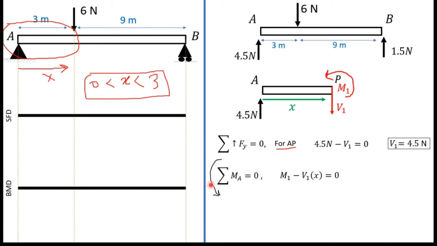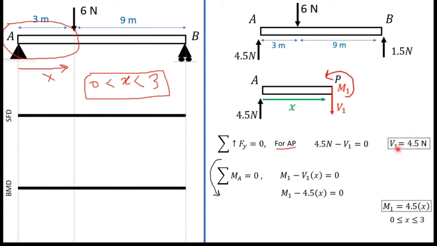So I consider counterclockwise positive, and this moment is clockwise, therefore I put a minus sign here. Then I can write M1 minus 4.5 times X equals 0. You can see I wrote 4.5 here because V1 equals 4.5. Then I can write a function for M1: M1 equals 4.5 X.